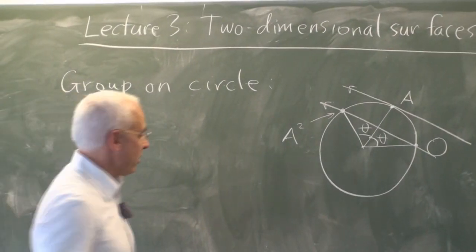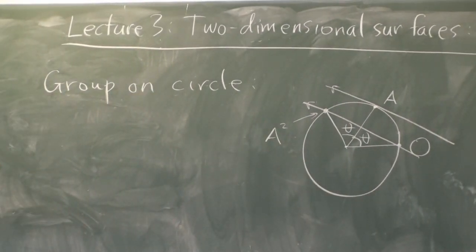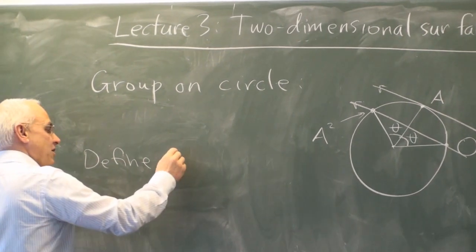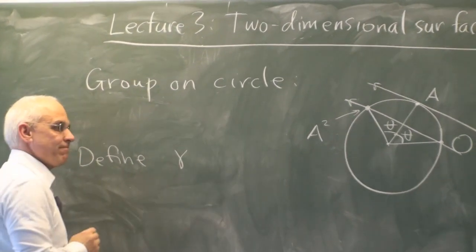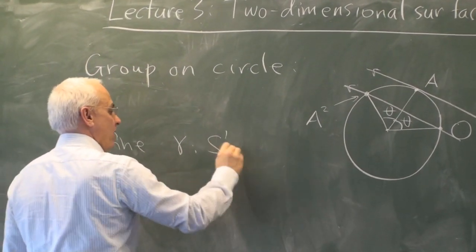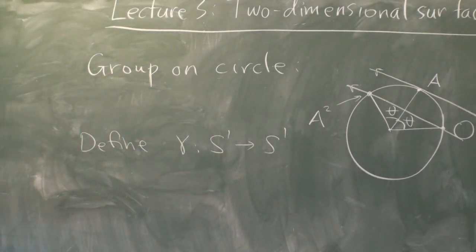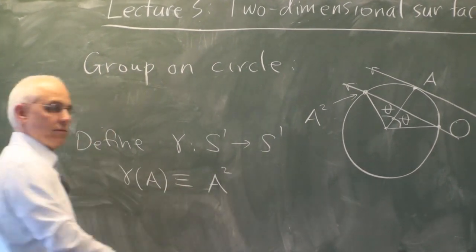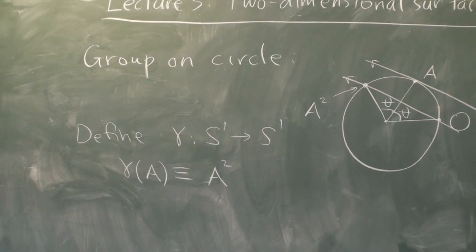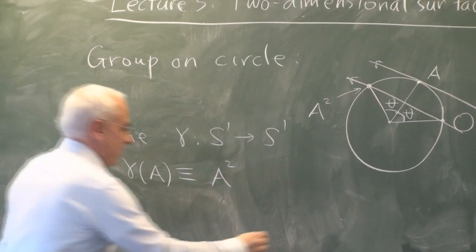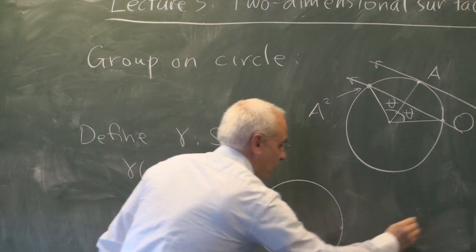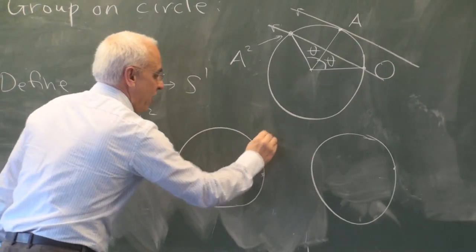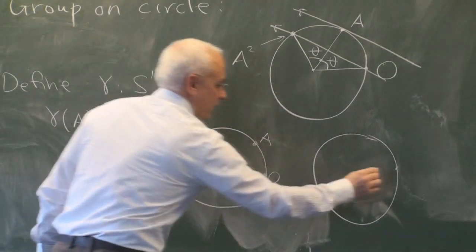All right, so this is then a way for us to define a function. So we can define a function, let's call it, say, gamma, from the circle to the circle by defining gamma of A to be A squared. So that what happens then is that if we visualize this in terms of two copies of the circle, there's the origin in both cases.